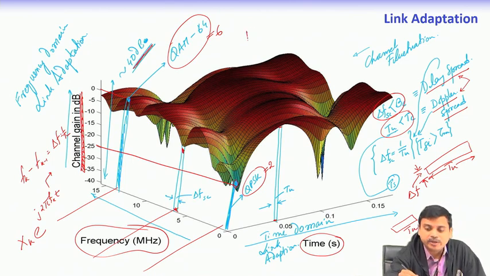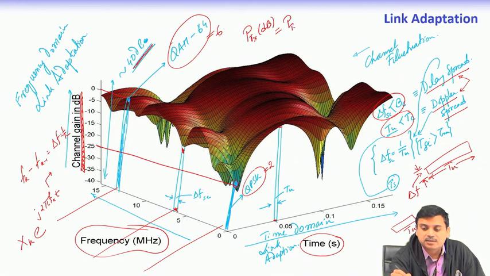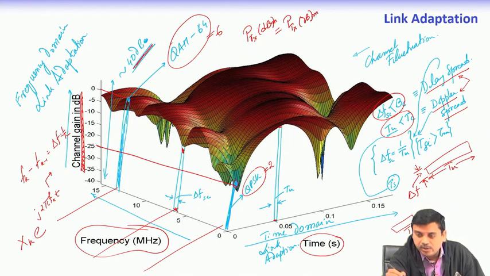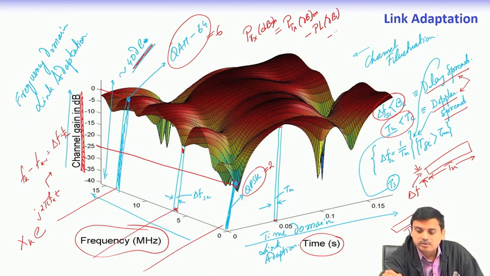If you are doing it in dB, then the received signal strength P in dB should be set equal to P Tx, that is the transmit power in dB, in dBm maybe, or dB watt. Then you take away the path loss in dB, and you also take away the channel gain.